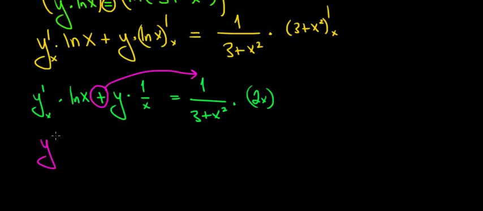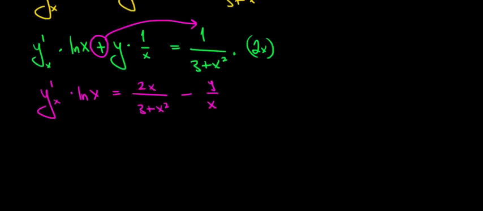We would have that y derivative with respect to x times ln of x equals this term, 2x divided by 3 plus x squared minus y over x, because y times 1 over x is just y over x. So y over x. And now we're getting even closer to our answer, because we can leave y derivative on one side only.